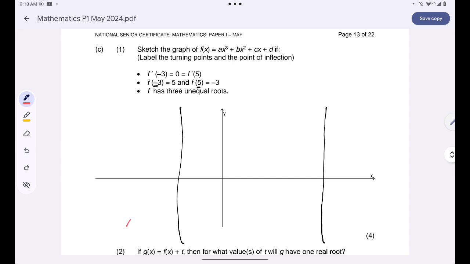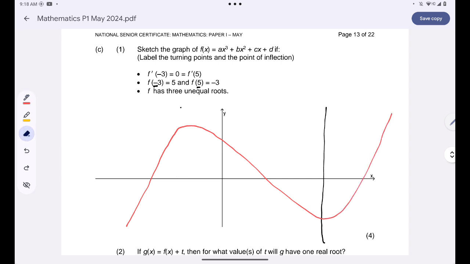So my graph will be just like this. Let me erase this. I know that here the turning point, I simply have negative 3 and 5, and then here I'll simply have 5 and negative 3.